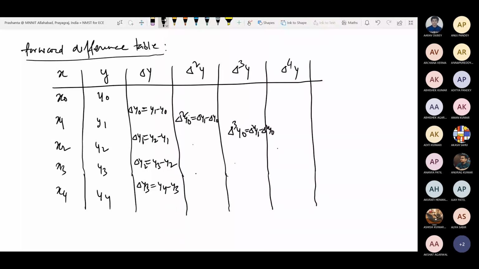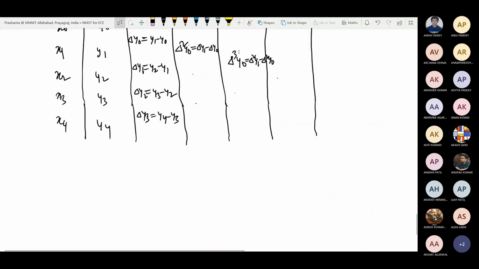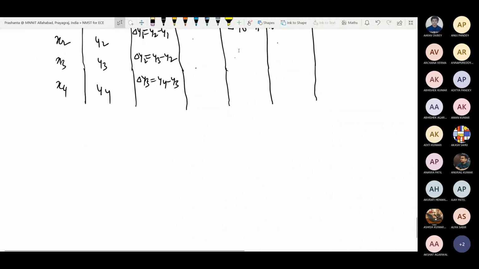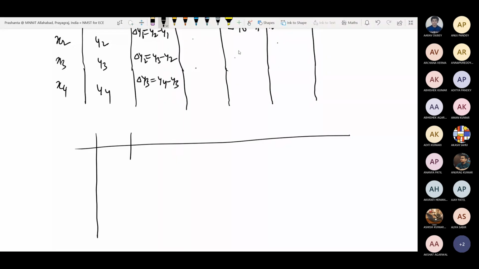Can you complete? So this is the general structure. This is not for a given data set. So I'll quickly give you some set of data points and you find the table. You must identify the order and the name of the data point from the table.